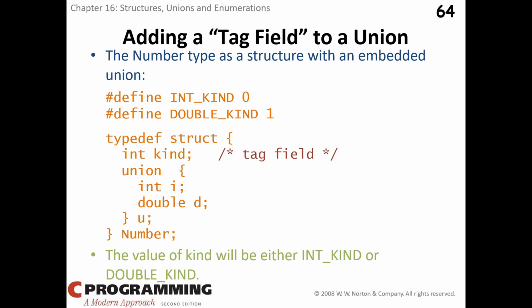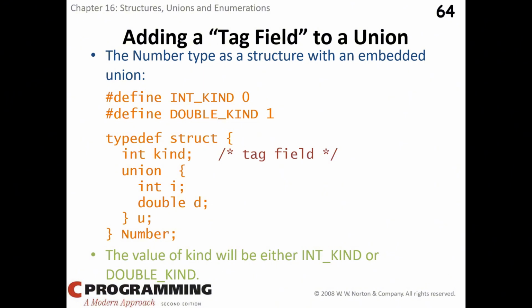This tag field serves as a marker indicating the type of data currently stored within the union. To facilitate clear identification, we assign numeric values to represent the different kinds of data. For instance, integer kind is designated as 0 while double kind is designated as 1.